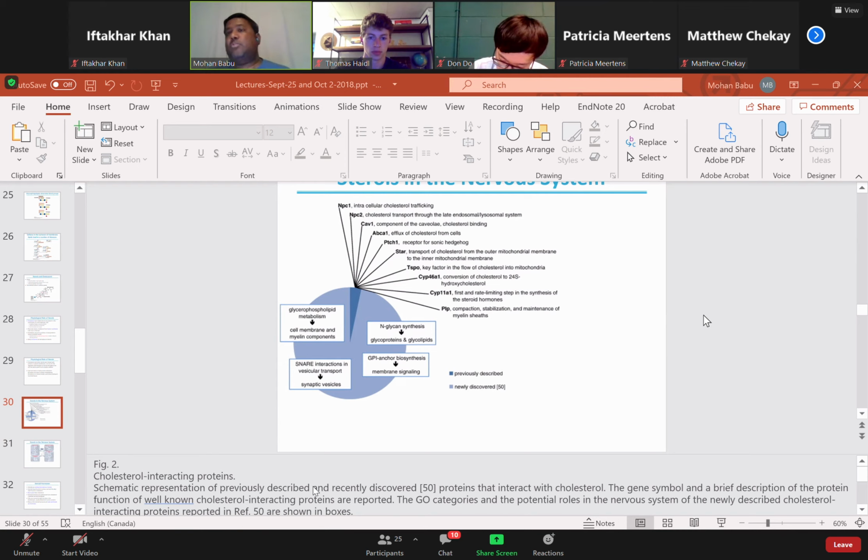Those fibroblasts, upon adding growth factors and so on, you can convert into induced pluripotent stem cells.